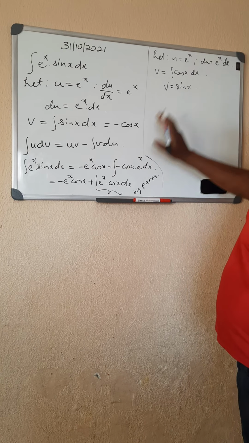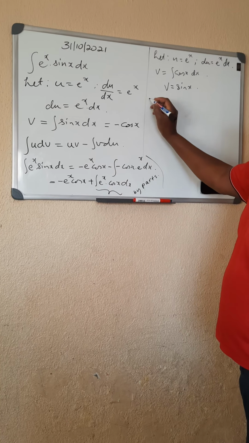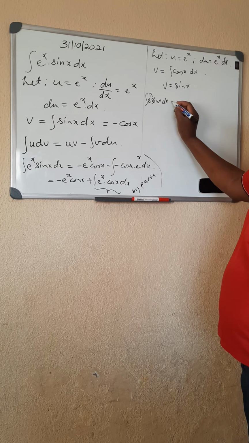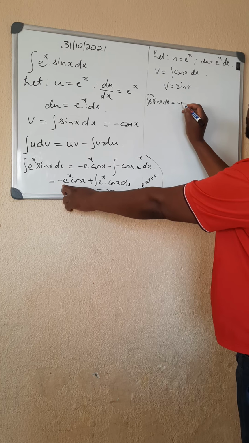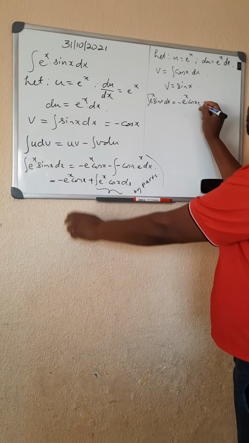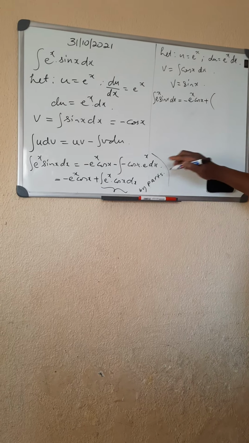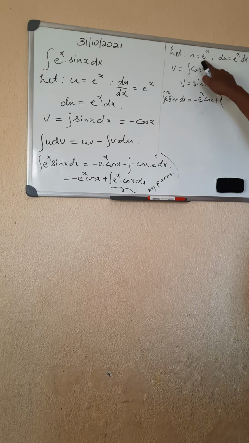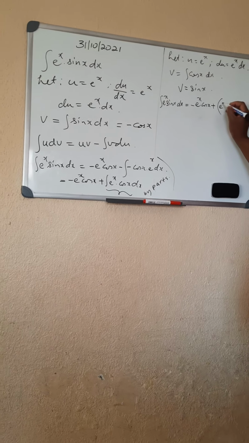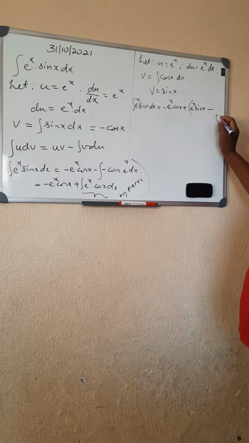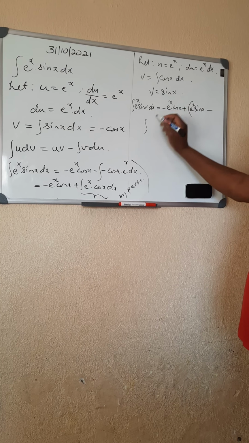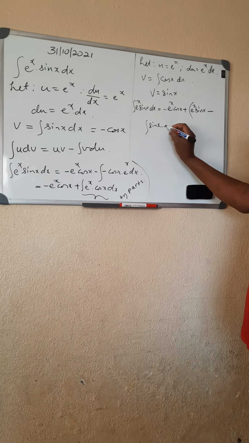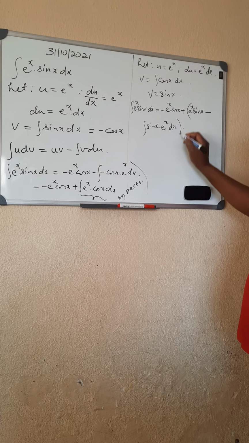Now it means we're going to throw in this part here, where now we have that equals minus e to the x cos x plus, now this is the uv minus integral v du part, uv minus the integral of v du, which is e to the x dx.